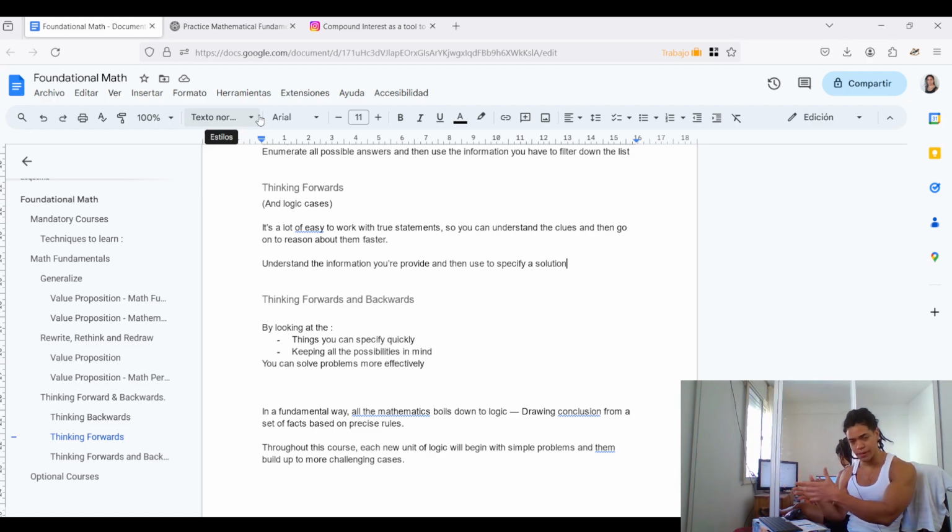Thinking forward means understanding the information you are provided first, and then using it to specify a solution. In this case, the information I'm getting is from mathematical fractions, compound interest and fractals. So now that you understand this, what are you going to do?